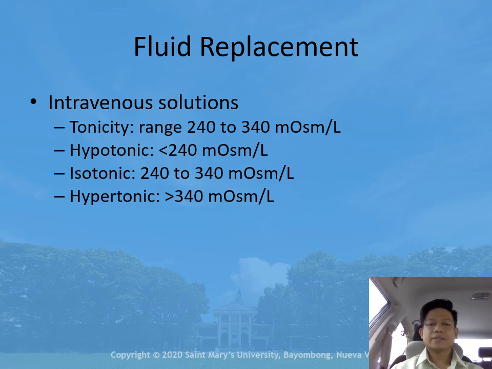Fluid replacement. Intravenous solutions have a tonicity range of 240 to 340 milliosmoles per liter. Hypotonic is less than 240 milliosmoles per liter. Isotonic is 240 to 340 milliosmoles per liter.